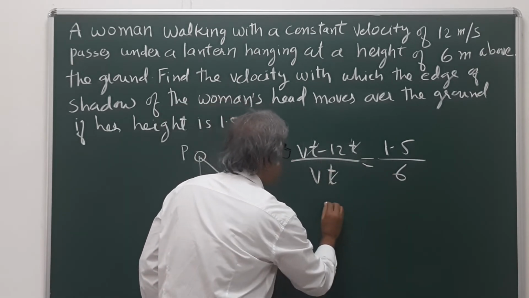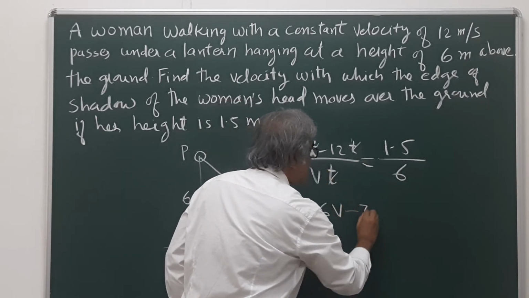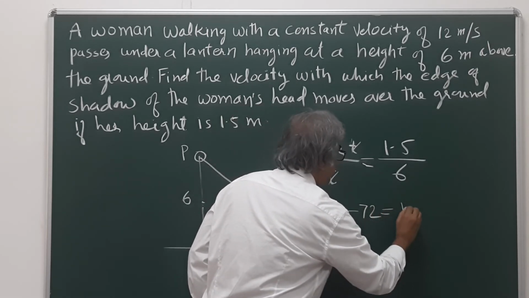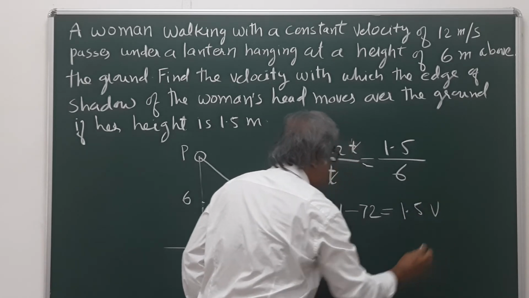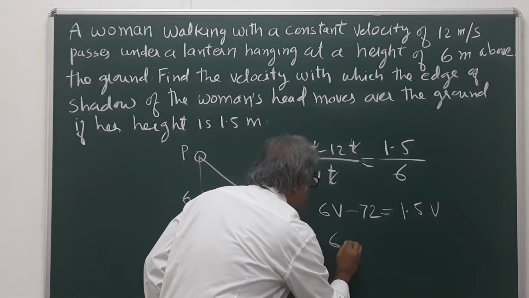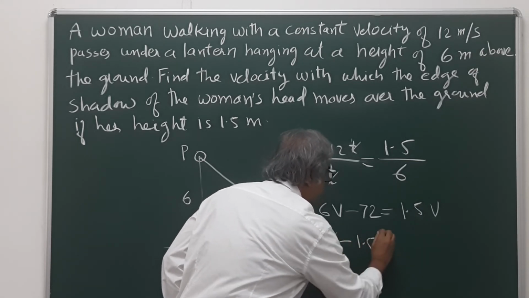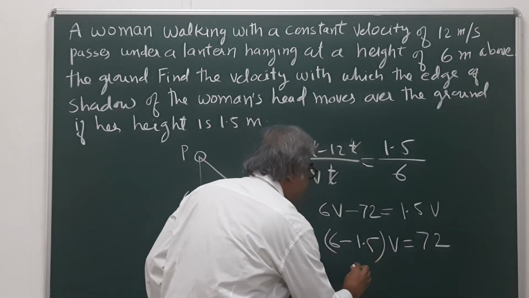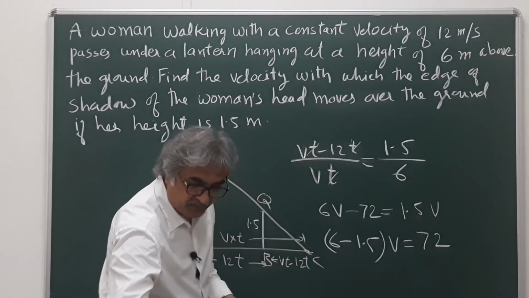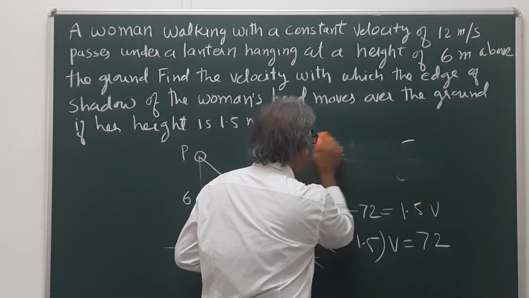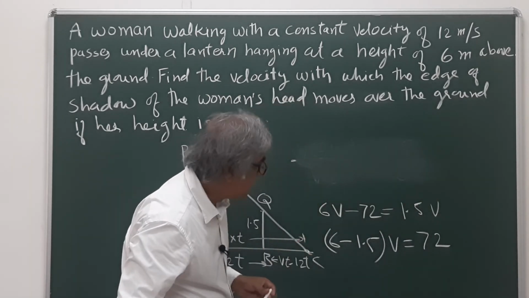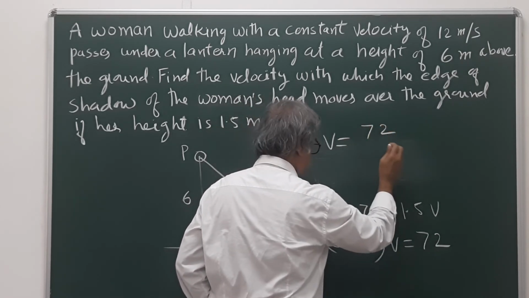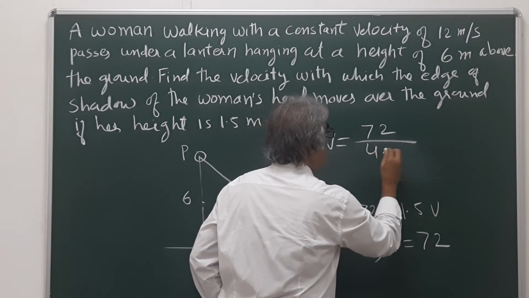So here 6v minus 72 equals 1.5v. So you can just say that 6v minus 1.5v is equal to 72, which gives you v equal to 72 upon 4.5.